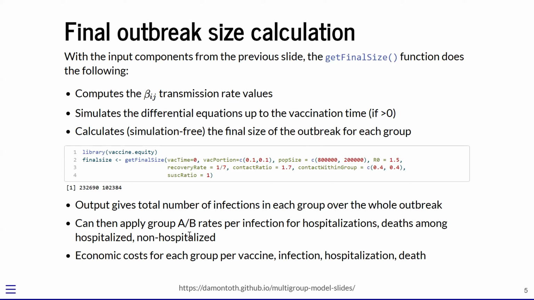No, this is really cool, Damon. This is awesome. So the second last bullet point there, and the last one, those are obviously keys for economic evaluations. From the number of infected from the get final size, what are the consequences of those infections: quantifying the hospitalizations and the deaths, where you said the hospitalization rate and death rate can vary by group A and group B, and then the cost for those.